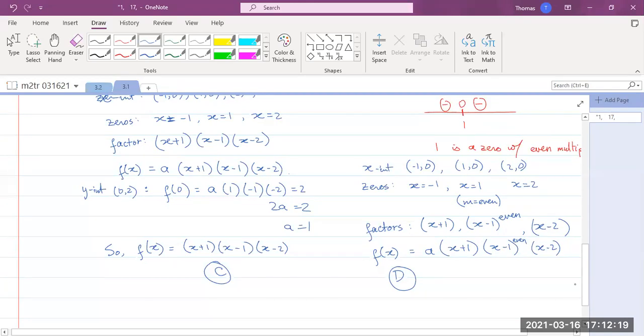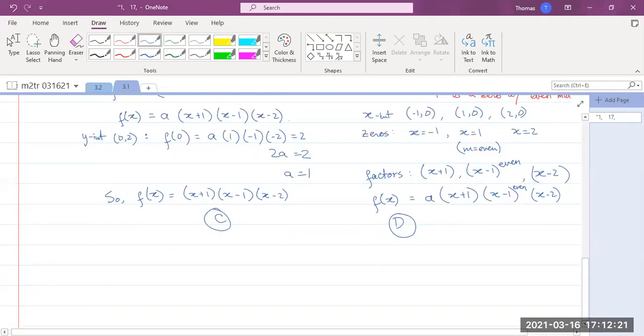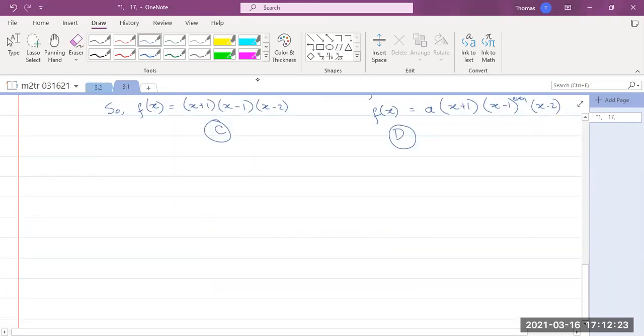Let's do one more. The third graph, part C. We have x-intercepts (0, 0), which is also the y-intercept, and (2, 0).